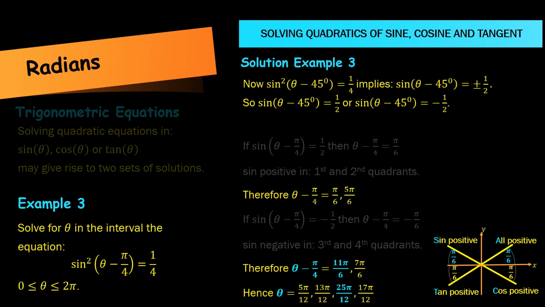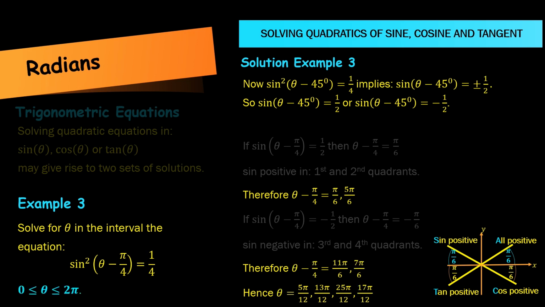Or theta equals 25 pi over 12, which is obtained by solving theta minus pi by 4 equals 11 pi by 6. Or theta equals 17 pi by 12, which is obtained by solving theta minus pi by 4 equals 7 pi by 6.